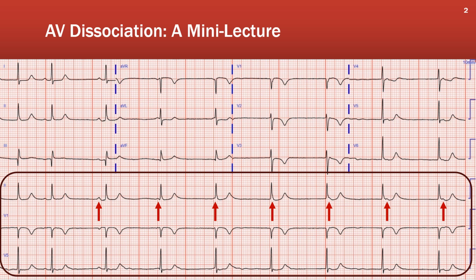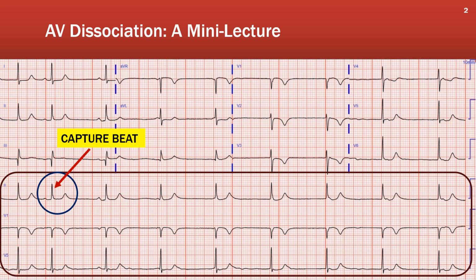The second beat appears early because it's a classic sinus-conducted capture beat. That's also why the first RR interval is shorter than the others. Capture beats always end a shorter RR interval. Always. Although the third QRS ends a longer RR interval, its PR interval is the same as that of the previous beat, which did conduct.